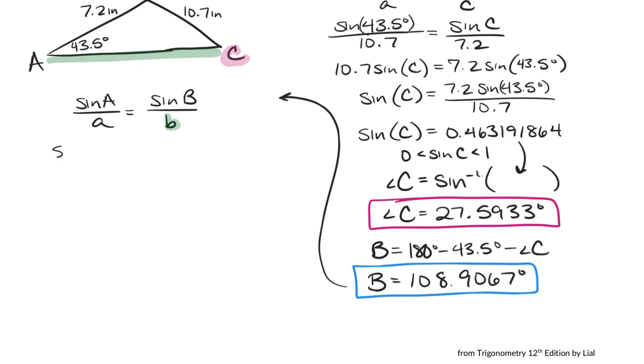Fill in what we know. Sine of 43.5 degrees over 10.7 equal to the sine of 108.9067 degrees, divided by little b. Cross multiply and divide.